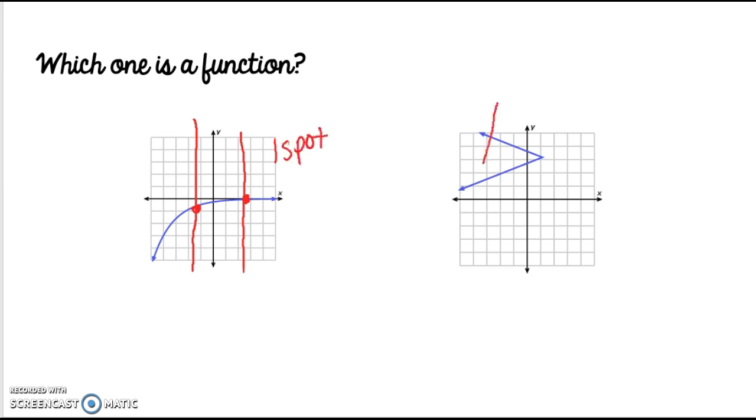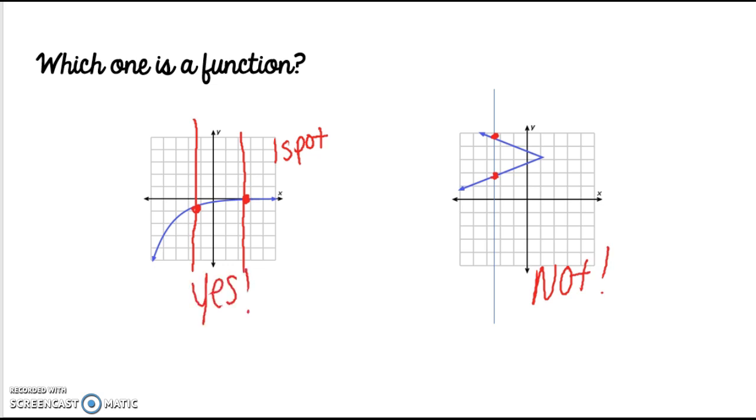If I were to draw a vertical line on this graph, and let me insert a line tool here, it hits it in 2 places. It actually hits it in 2 places, so one here, one here. So this would not be a function.